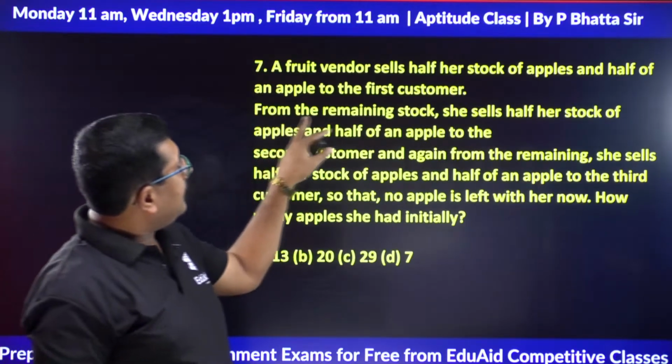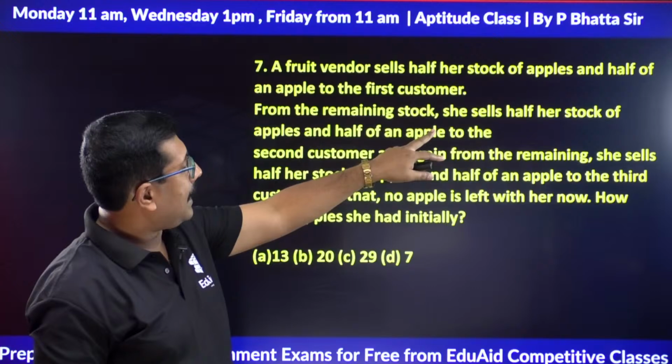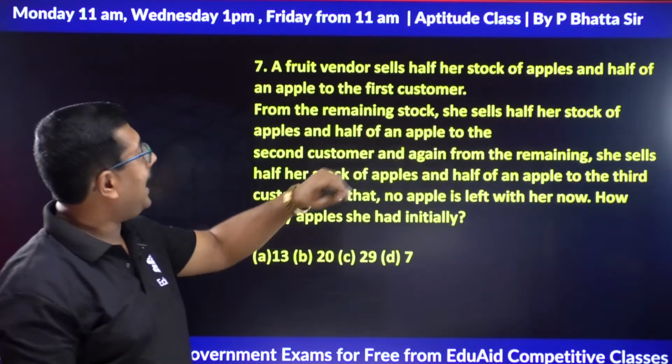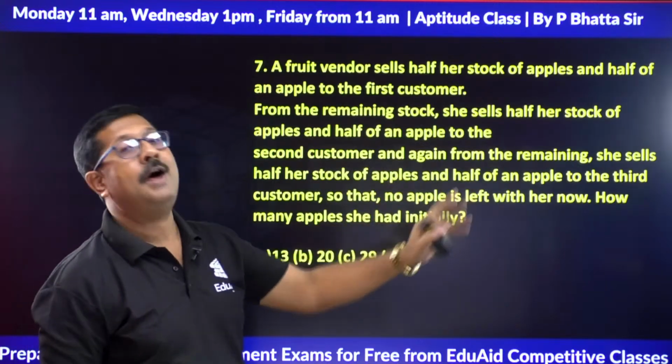সো প্ৰত্যেকবাৰে কি হৈ আছে? Half her stock, half of an apple. Again to the second customer, half her stock, half of an apple from the remaining, and third customer from the remaining of second, half her stock and half of an apple.